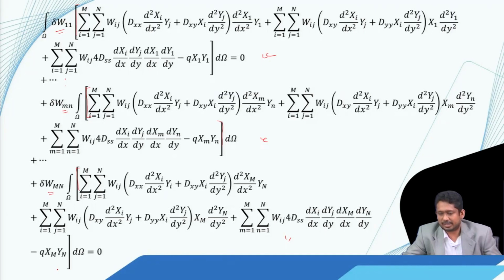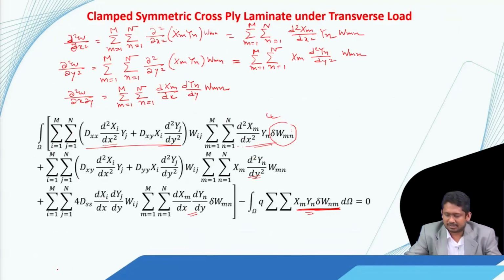Now, we can notice here that if I expand this sum and multiply the first term of it, which is delta W x 1 by del x 2, dW x 1 by del x 2, multiplied by y 1 into the variation of W 1 1, then that quantity just gets multiplied with this quantity. So, this summation remains as it is.